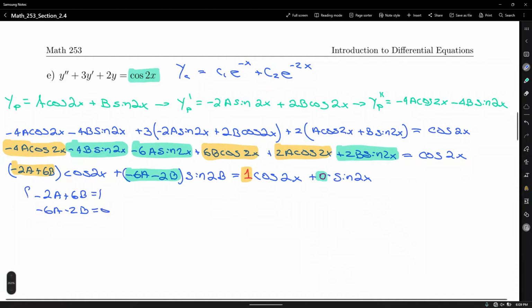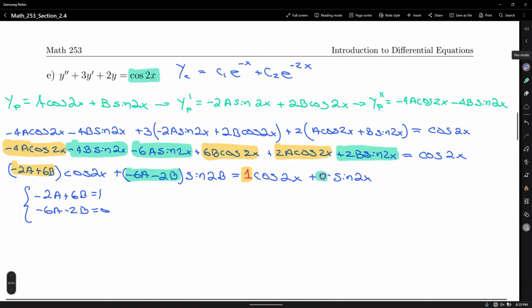Okay, so that is our system of equations. In this case, we didn't get one equation with one letter for some sort of back substitution. No, we need to solve a 2 by 2 system. And there are a few strategies we can use to solve this linear system. You can use Gauss-Jordan elimination, substitution, elimination, determinants, whatever.